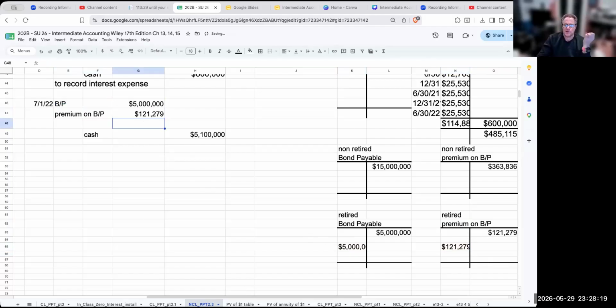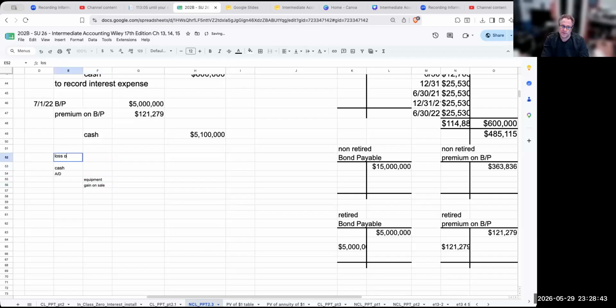So as we look at this, this is going to go back to our days of selling equipment, right? When we sell equipment, the journal entry we always use is we're debiting cash, we're debiting accumulated depreciation, we're crediting equipment. And then if we sold it at a profit, we would have a gain on sale.